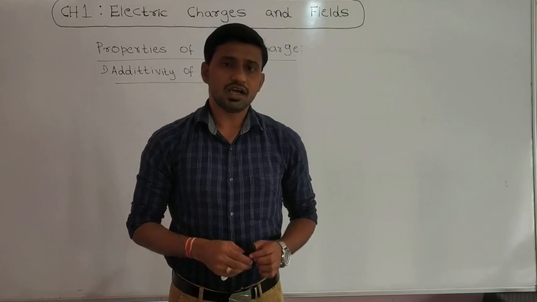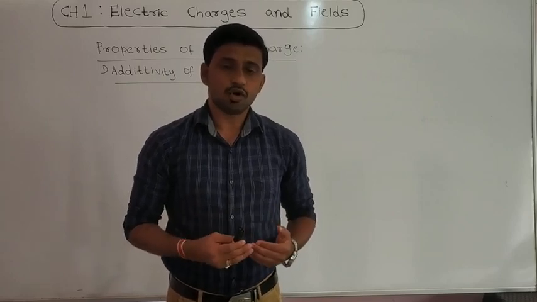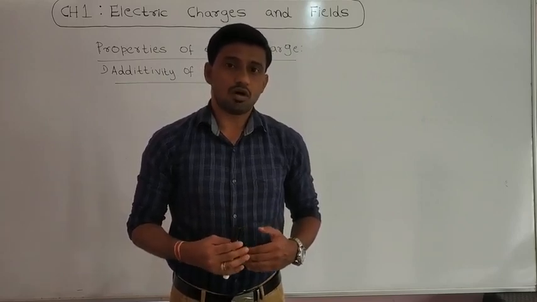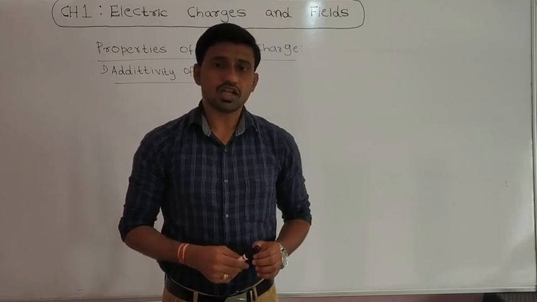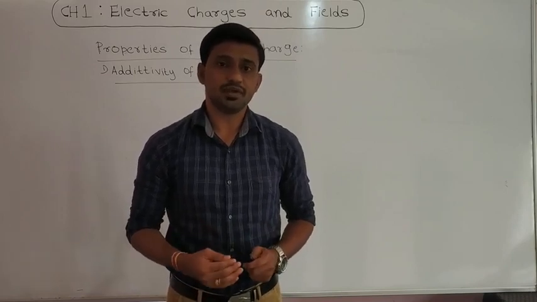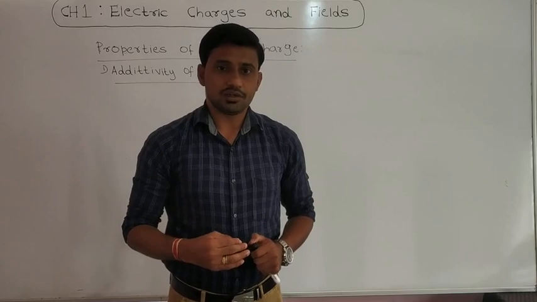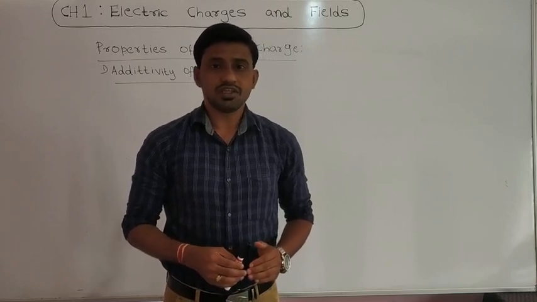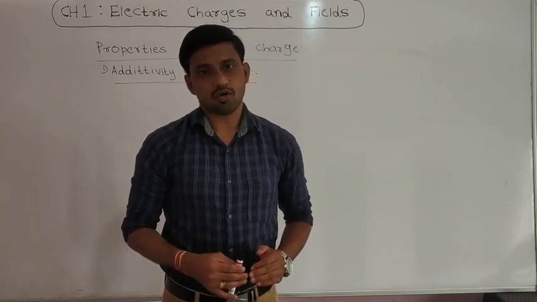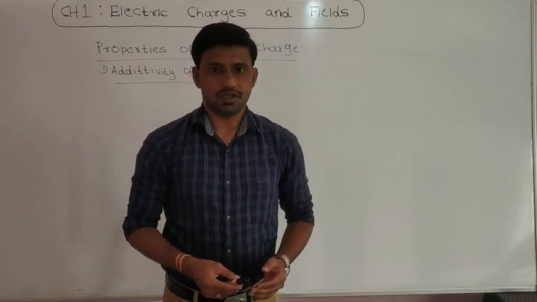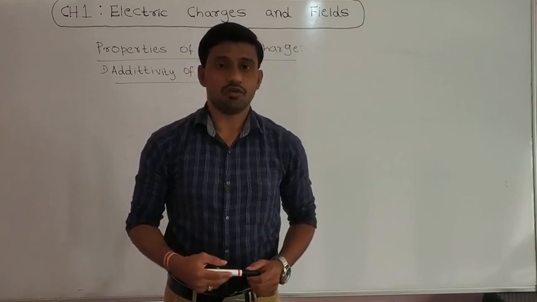Suppose any system or body consists of a number of charges, then the total charge present on that body can be calculated by taking the algebraic sum of all the charges present on that system or body. That is called additivity of charge.